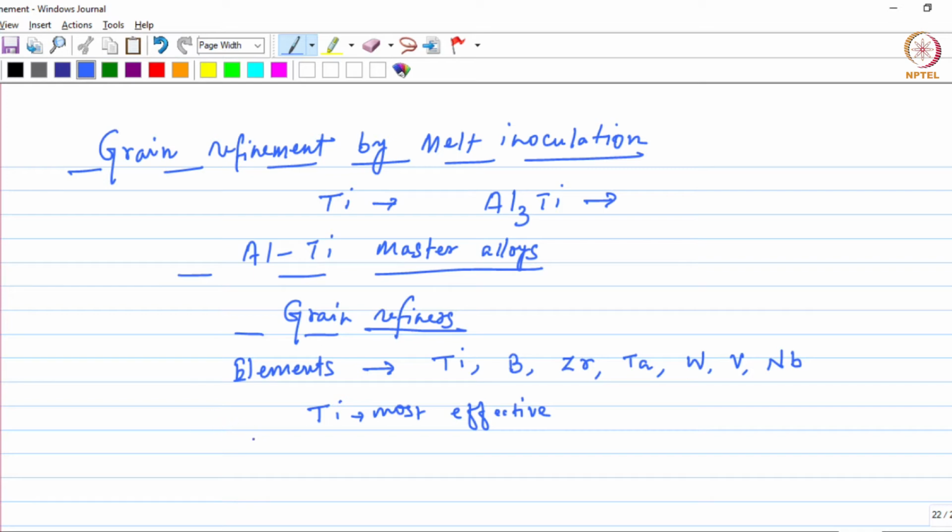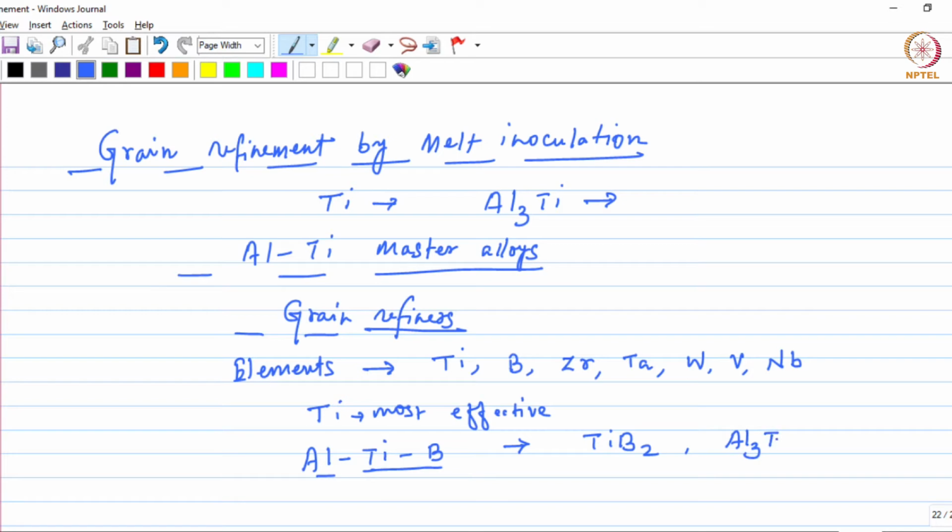But if you can have another element along with this, that means instead of these binary master alloys, if you could have a ternary one having one more element added to it, for example, aluminium, titanium, boron, then it can provide you some additional surfaces for the nucleation in the form of these TiB2 particles, which will come in addition to Al3Ti.